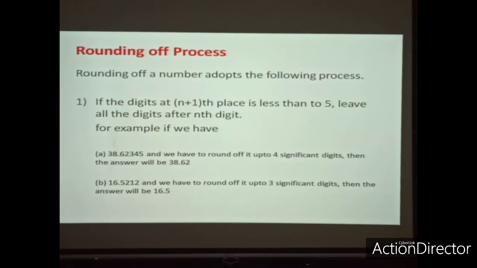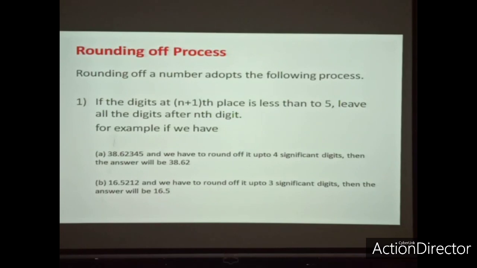If it is less than 5, in the definition you can see, if it is less than 5, leave all digits after the nth digit. यानी अगर वो 5 से कम है, जैसा कि हम देख सकते हैं कि 3 5 से कम है, तो हम उस आगे आने वाली सारी की सारी वैल्यूज़ को इग्नोर कर देंगे. Then the value will be 38.62.